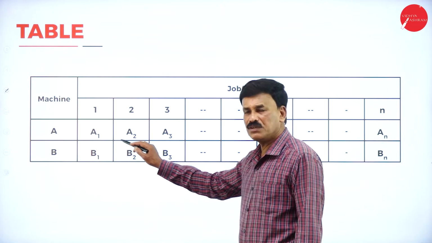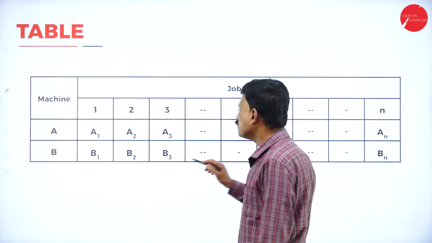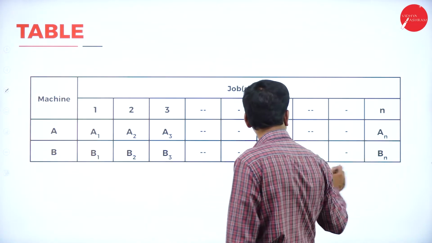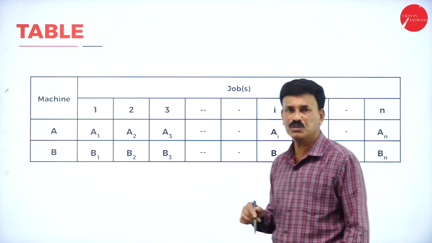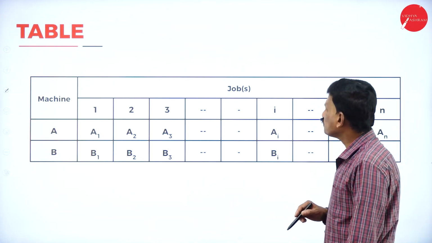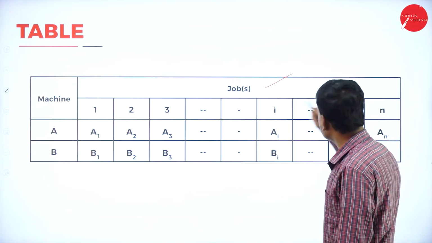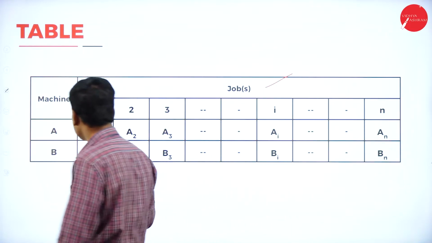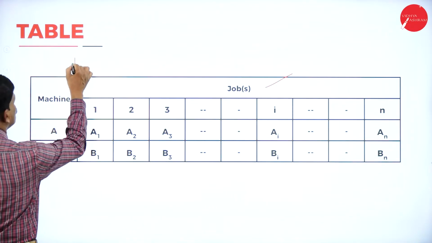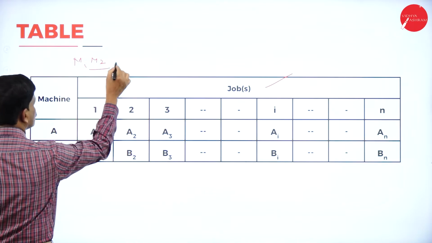A can do jobs A1, A2, ..., An, and B can do B1, B2, ..., Bn. So this is how they are going to give a problem. In some examples, we can consider the machines as M1 and M2 also, right?